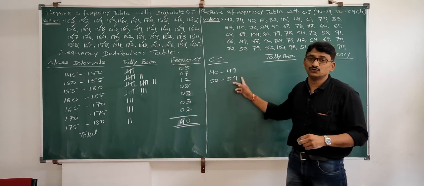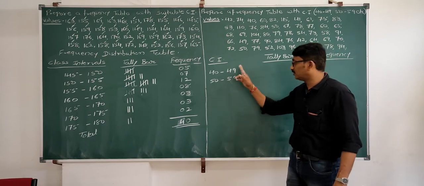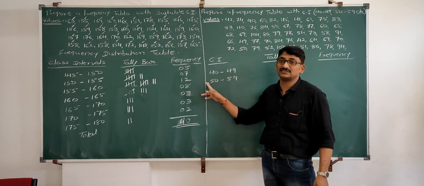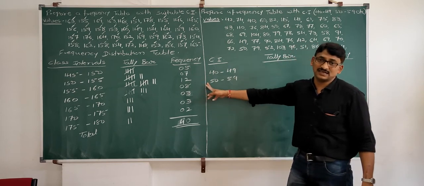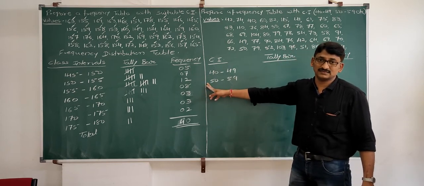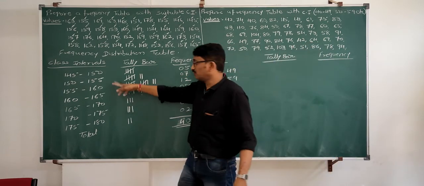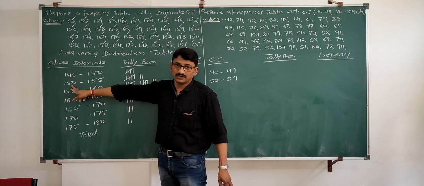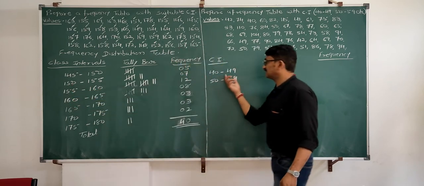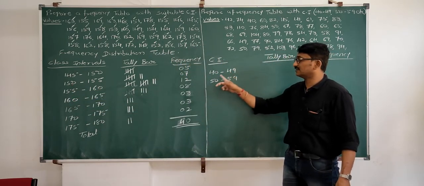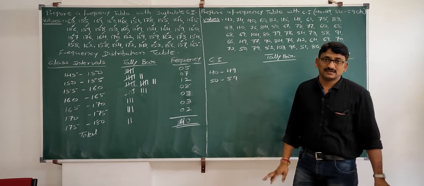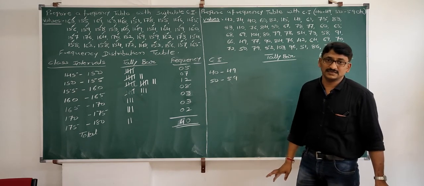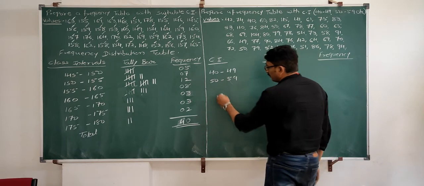It is inclusive method. Why is it inclusive method? Because the upper limit of one class is not repeated once again as the lower limit of the next class. Exclusive means the upper limit is repeated once again as the lower limit of the next class, whereas in inclusive method the upper limit is not repeated as the lower limit of the next class. Clear? So what will be the next class?